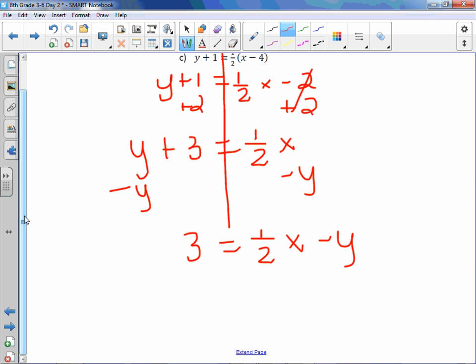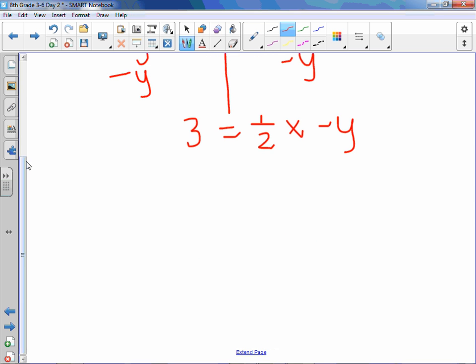I have my x and y term together. My x is positive. My number's by itself. However, this time I have a fraction in the way, and I need to get rid of it. This is how you get rid of it. It's quite simple. You're going to multiply everything by the denominator. So I'm going to put parentheses and multiply by 2.